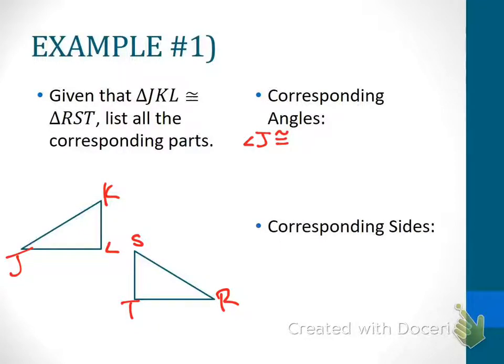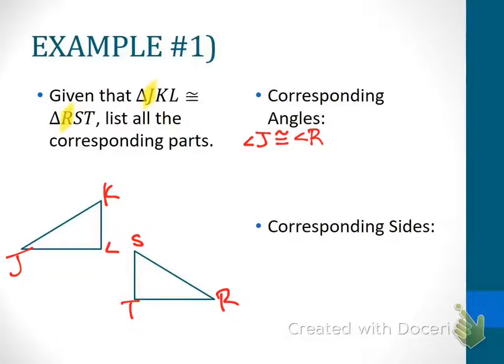Angle R. Okay, now, not only does it appear that way, but we know that from the way they listed their congruent statements. Congruent statements have to be listed in a specific way, meaning if they list angle J first, then the angle that corresponds to it has to also be listed first.